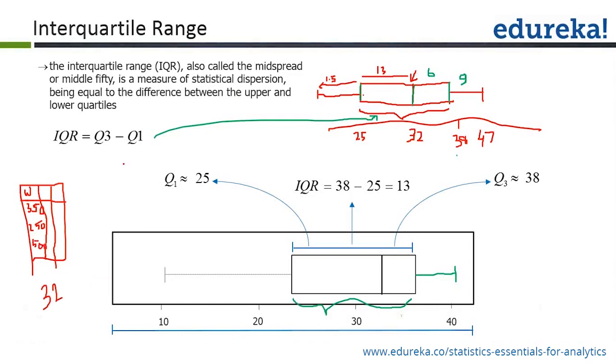Now if one has to calculate the mean and the variance, you can calculate, right? The mean is basically close to 300, say 300 and something.